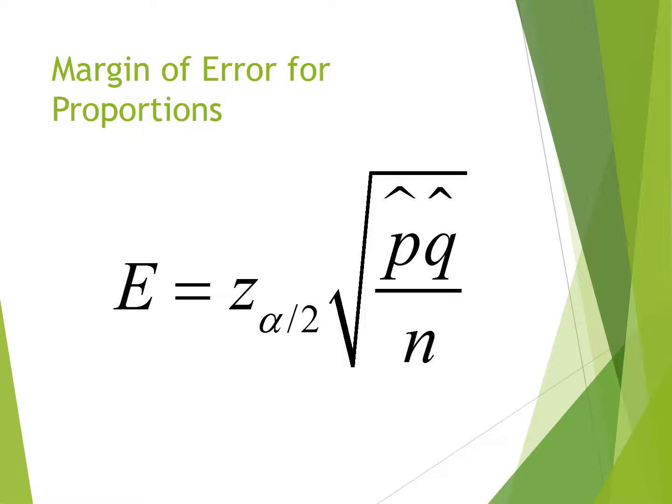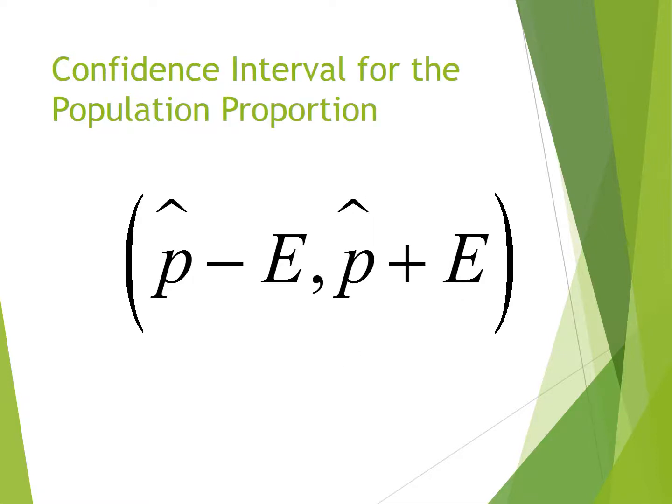Remember, if the confidence level is 99%, that critical value is 2.575. And then the confidence interval is plus or minus that margin of error.